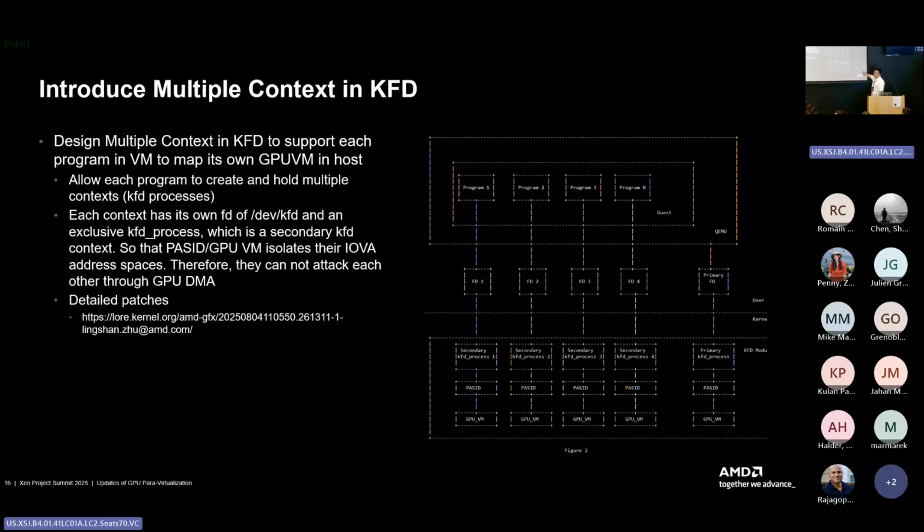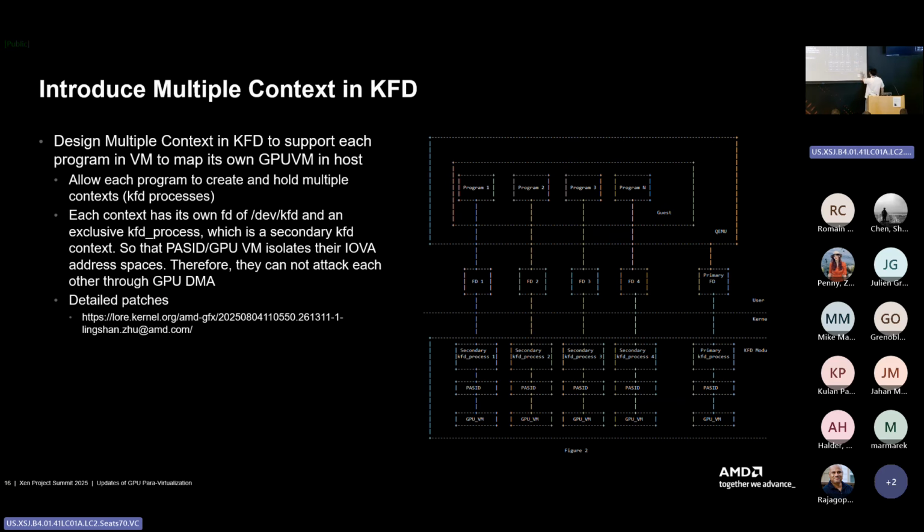So this is the change for the KFD driver. We have already finished it and it has gone upstream, to support one GPU VM in the guest mapping to a different GPU VM on the host side. Programs inside the virtual machine can map with different FDs, and the IOVA address spaces are isolated.